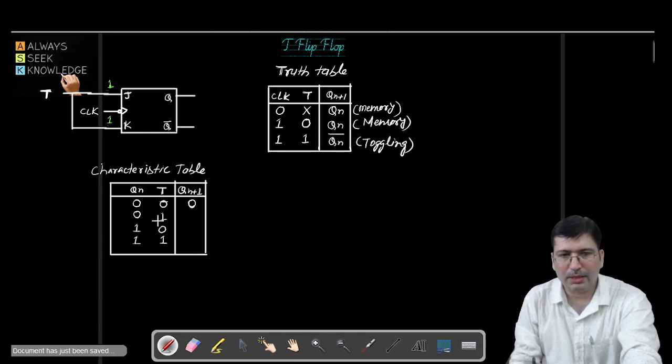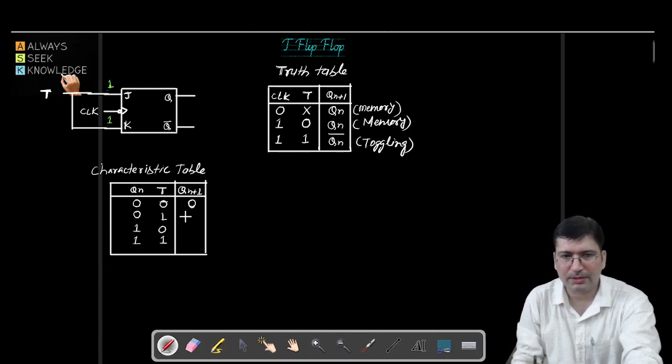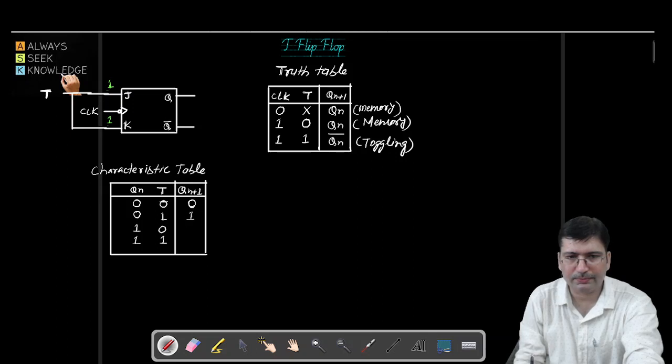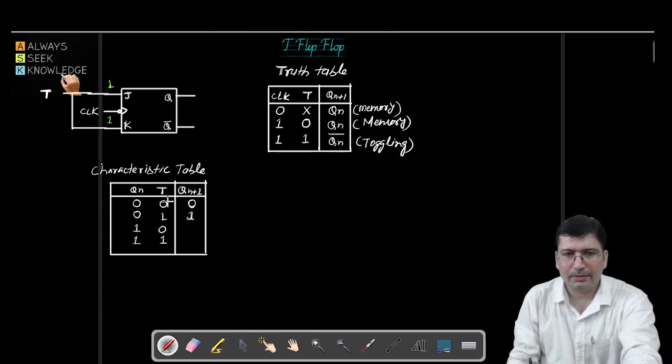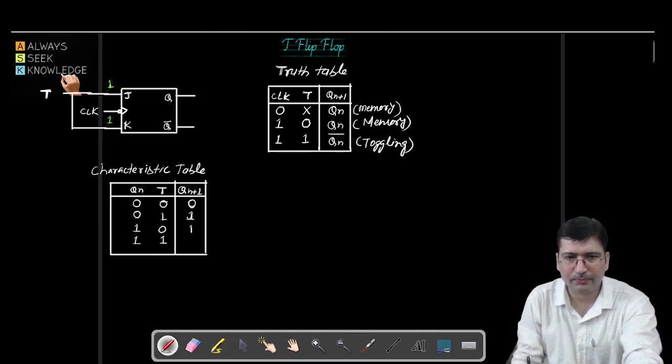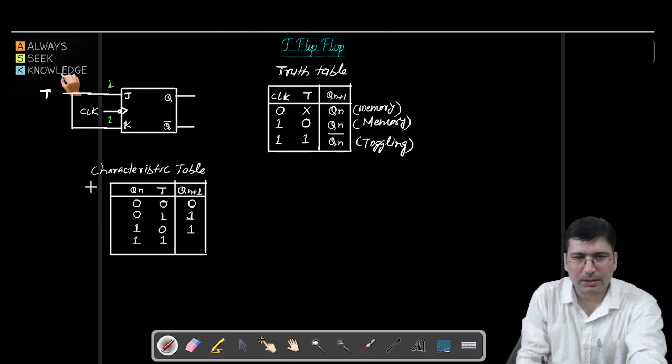Now when T is 1 and clock is 1, it will complement the previous state. The previous state was 0, in that case it will give you 1, right? Now when T is 0 and clock is 1, it will give you previously generated state, so that is 1. Previous state is 1 here, so it will give you 1. When T is 1 and clock is also 1, so let me consider clock here, then you may get better clarity.